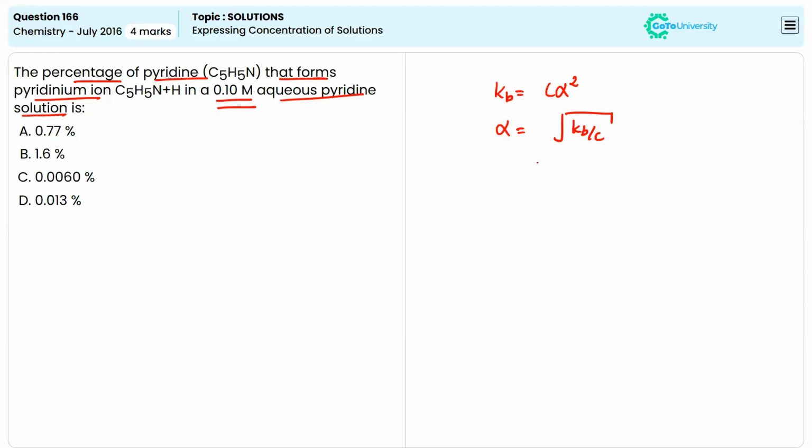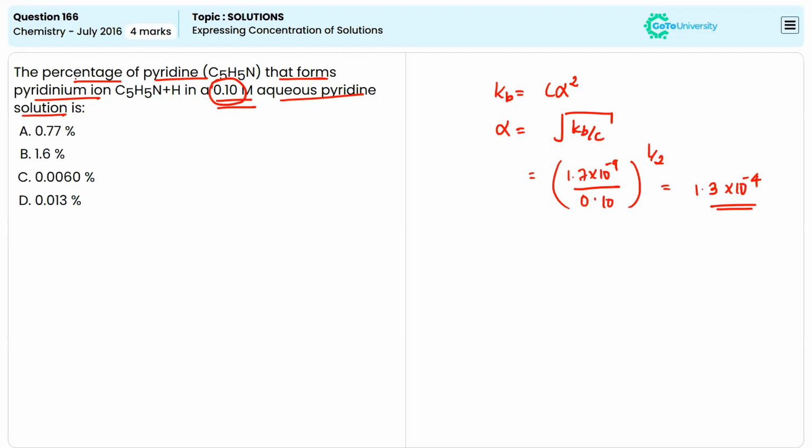Now we have to substitute the values to find alpha. The Kb value is 1.7 times 10 to the power negative 9, and the concentration given here is 0.10. Now we can find the value, which will be equal to 1.3 times 10 to the power negative 4.